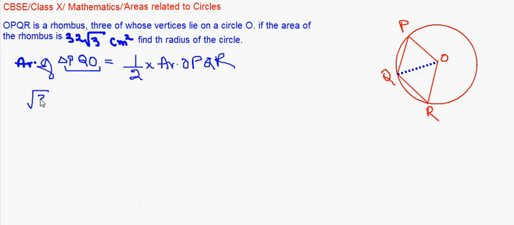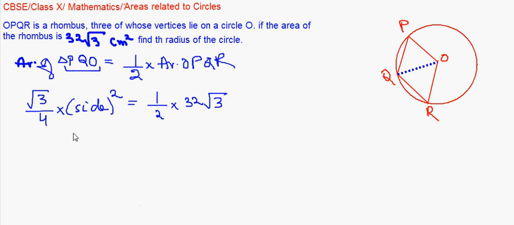It is root 3 by 4 into side square, and this is given to be 32 root 3 divided by 2, that is 16 root 3. So this root 3 can get cancelled, and this side square, let me write it as S square, is equal to 16 into 4, that's 64.